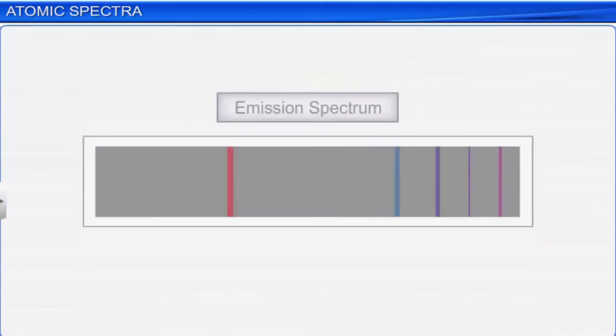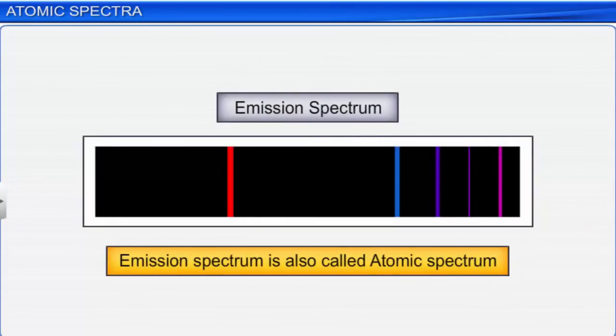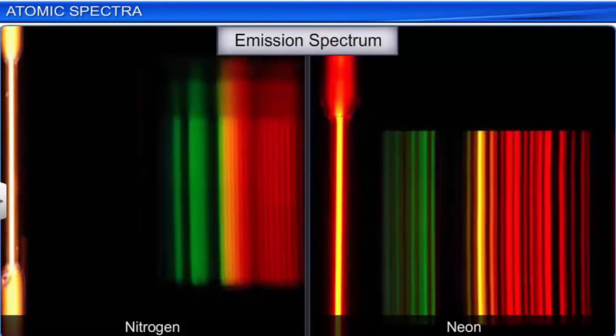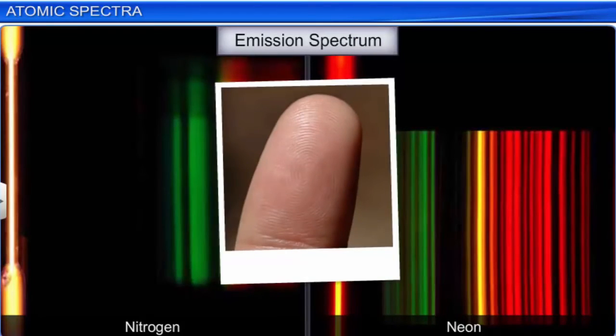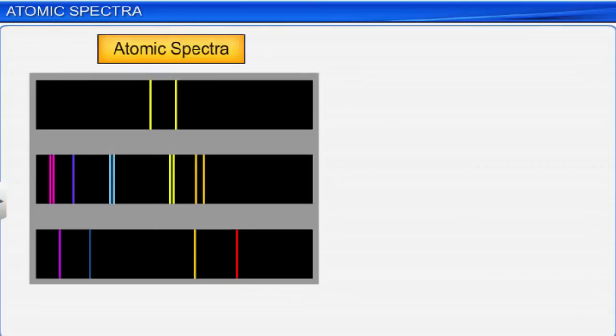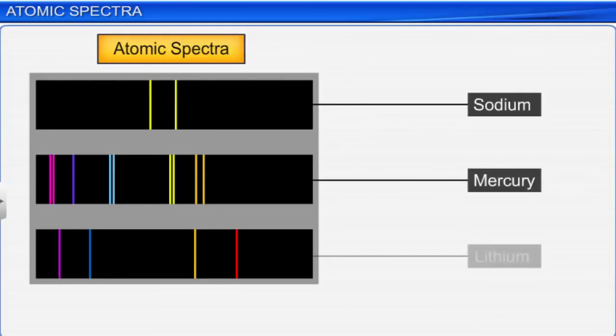The emission spectrum is also sometimes called atomic spectra because each atom has a unique emission spectrum, like each human being has unique fingerprints. The characteristic lines in atomic spectra can therefore be used in chemical analysis to identify unknown atoms.